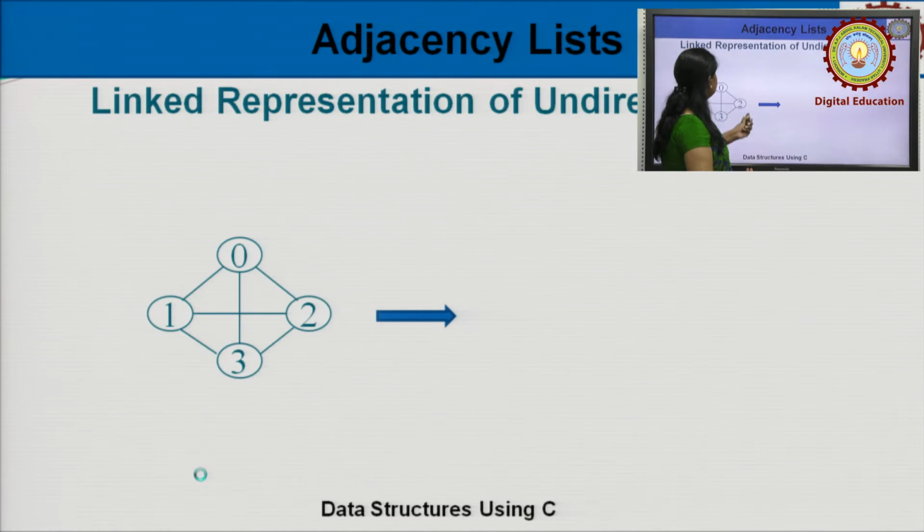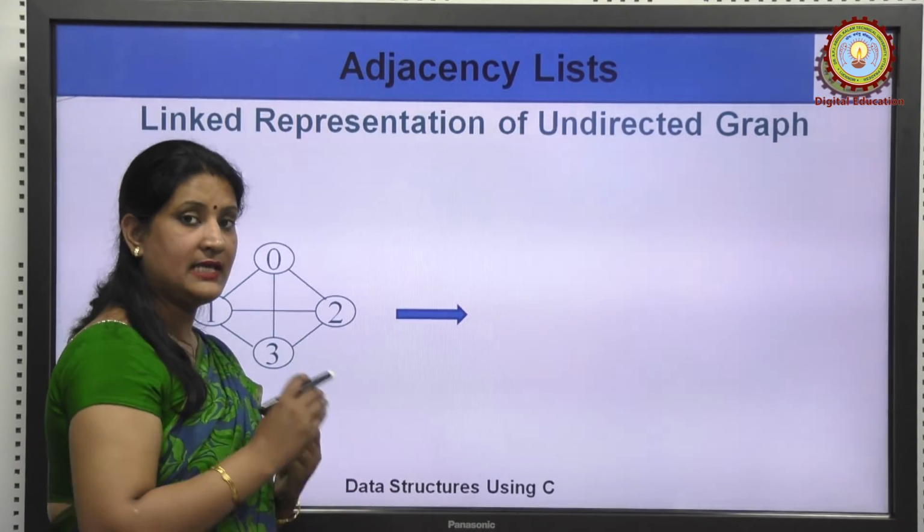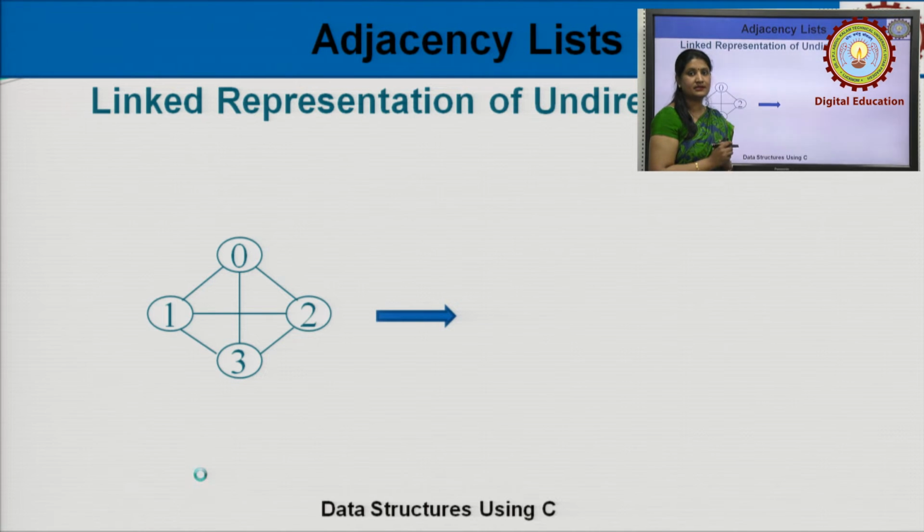Take an example like this. This is an undirected graph. The size of the array is same as the number of vertices in the graph.